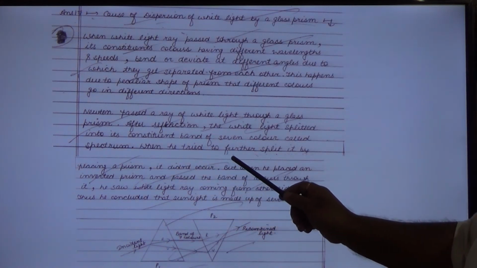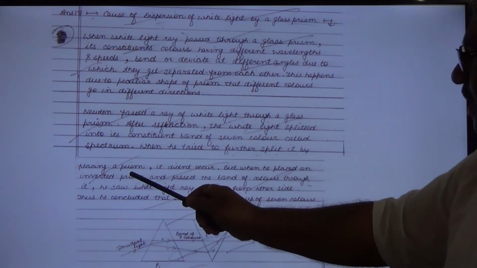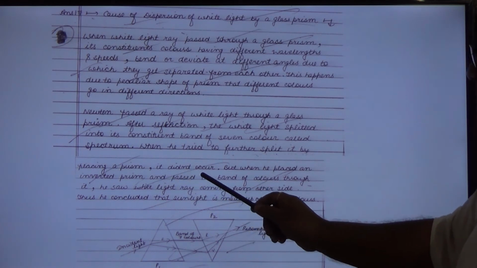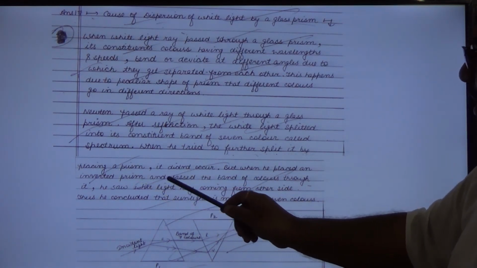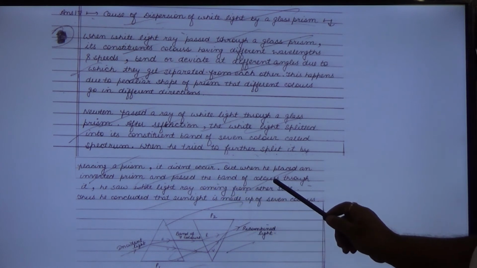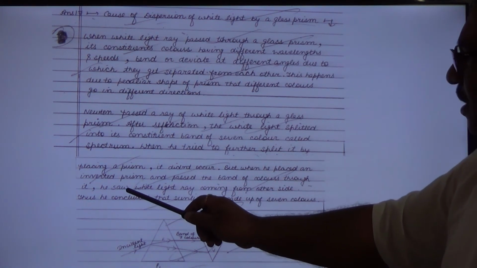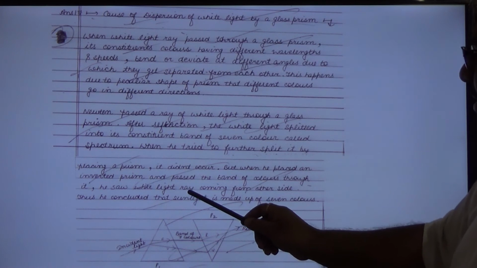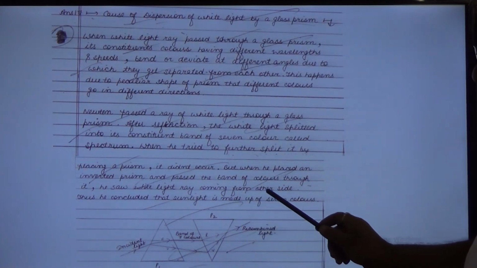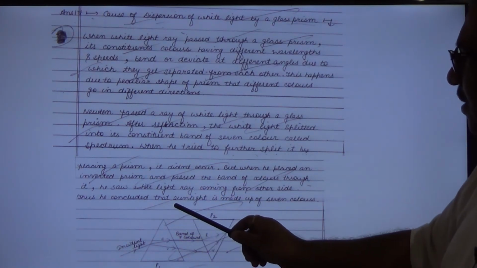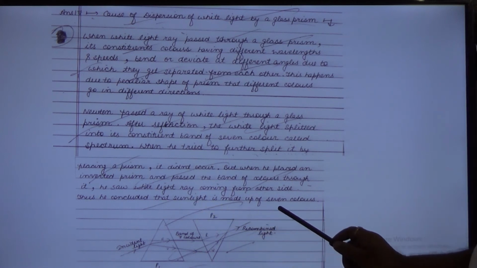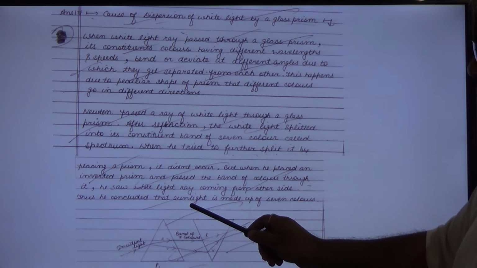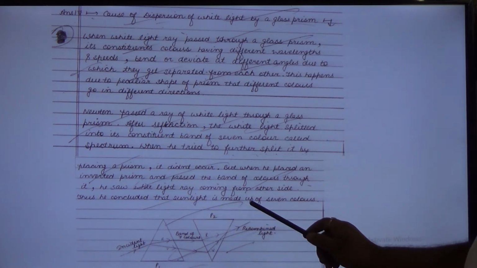When he tried to further split it by placing a prism, it didn't occur, but when he placed the inverted prism and passed the band of colors through it, he saw white light coming from the other side. Thus he concluded that sunlight is made up of 7 colors. Here also you can say the white light is made up of 7 colors.